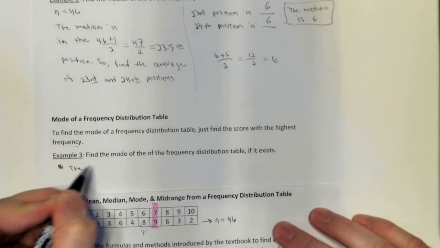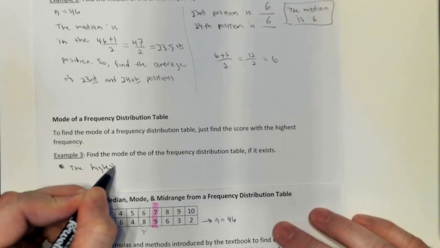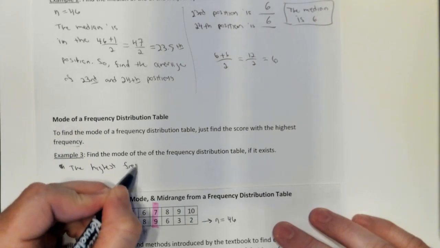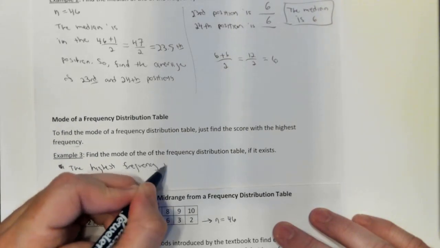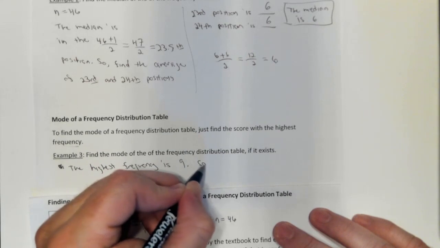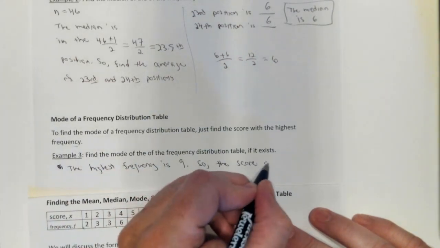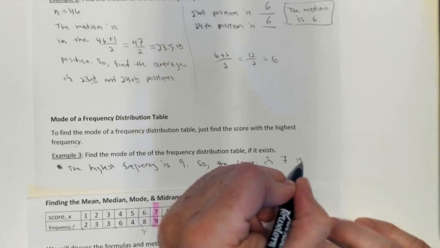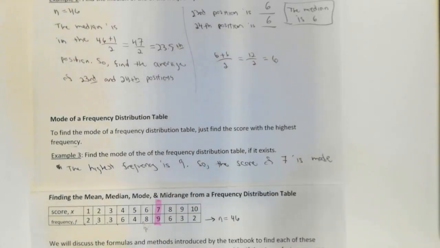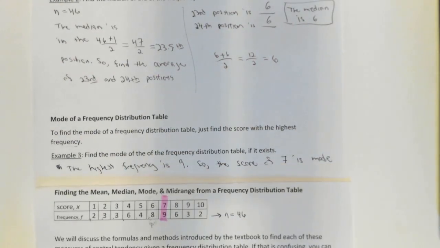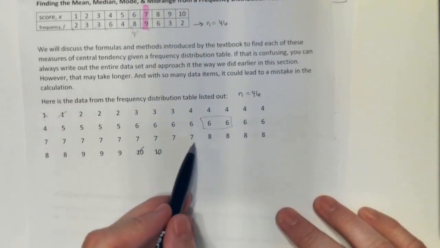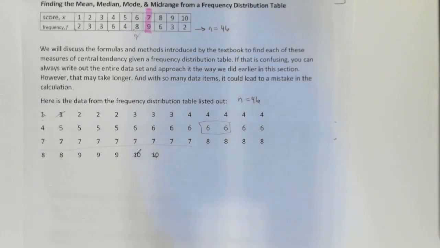The highest or largest frequency is 9. So the score of 7 is the mode. Okay. Again, if we look at this, there are 9 7s that occurs the most, so that would be the mode.